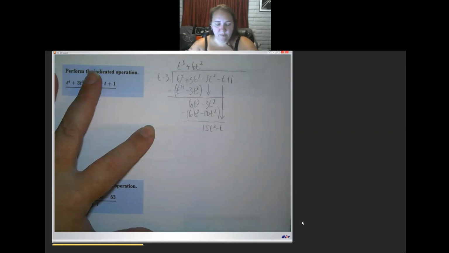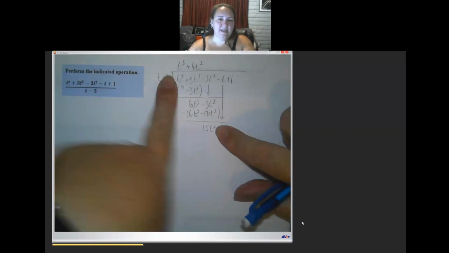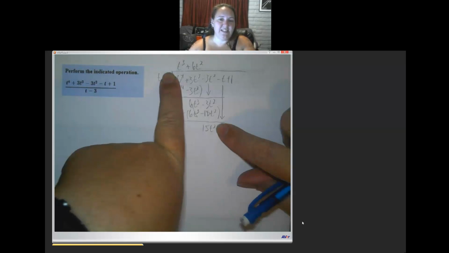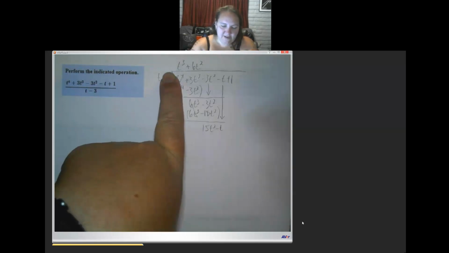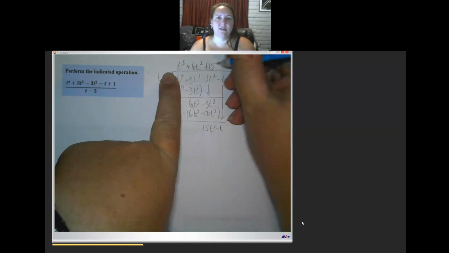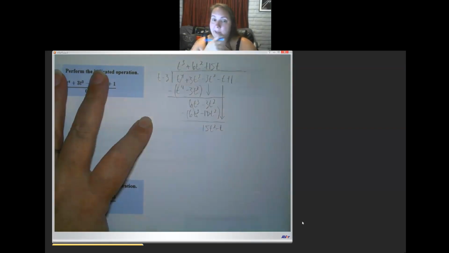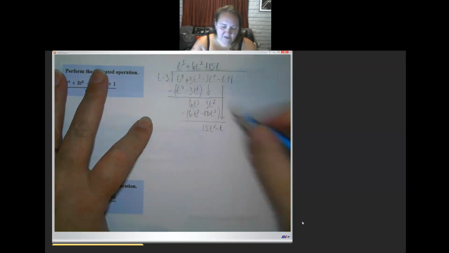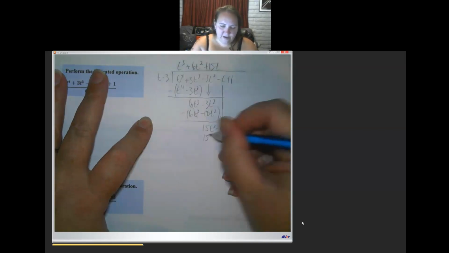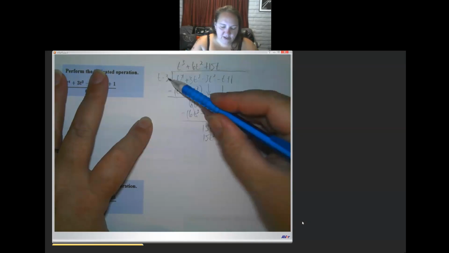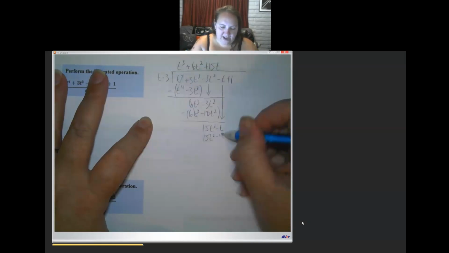Okay, what do we multiply this t by to make it 15t squared? That's going to be a 15t. So 15t times t is 15t squared. 15t times a minus 3 is negative 45t.